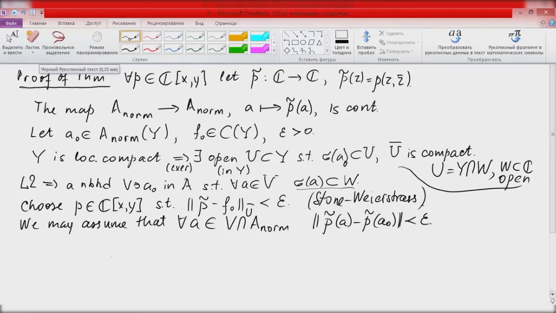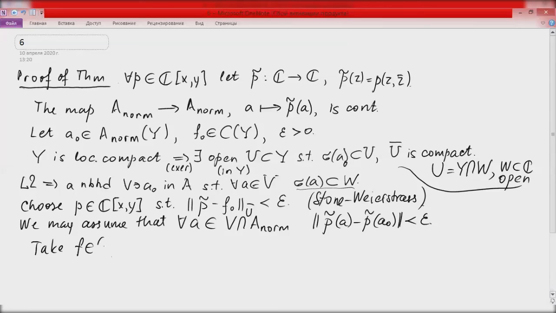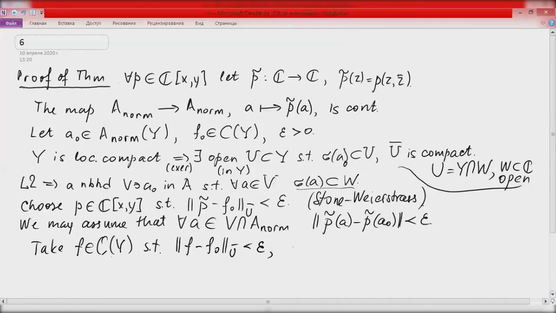So we take any continuous function f in C of Y, such that f is uniformly close to f0 on the closure of U, and take an element A in the intersection of V and the normal elements of Y. And let's compare f of A and f0 of A0.